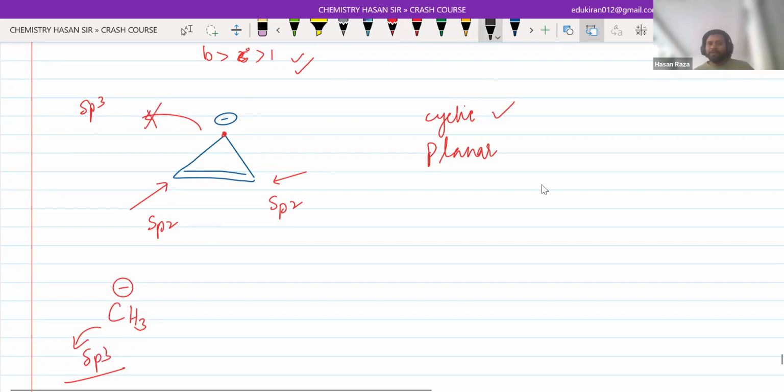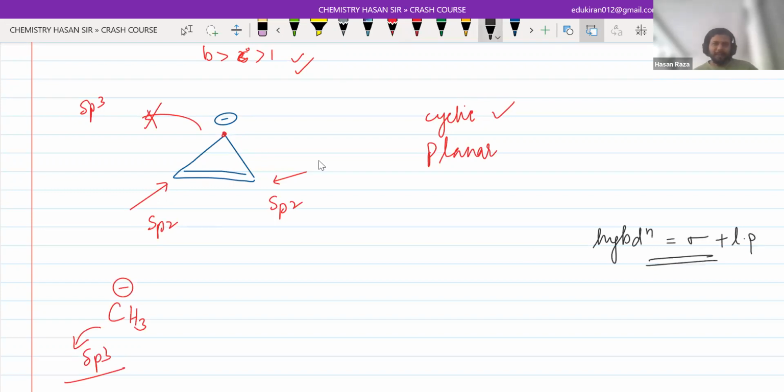You know that hybridization has a basic formula. Hybridization is equal to sigma bond plus lone pair or negative charge. But here, this negative charge is in conjugation with this pi bond. That means pi, sigma, and then negative charge. If it is in conjugation, that means it can be pi bond again. It will take part in resonance.